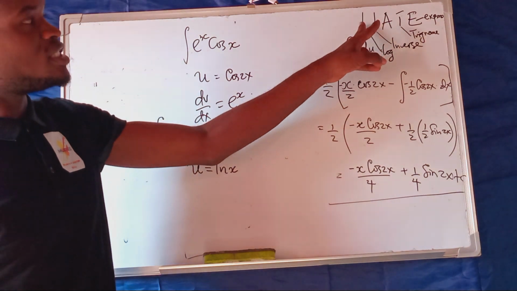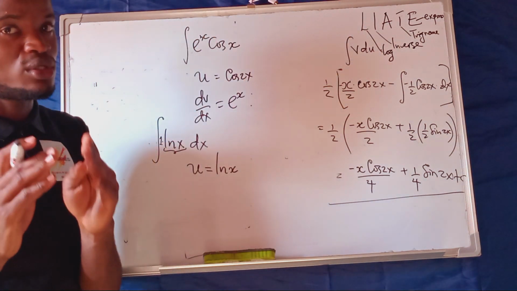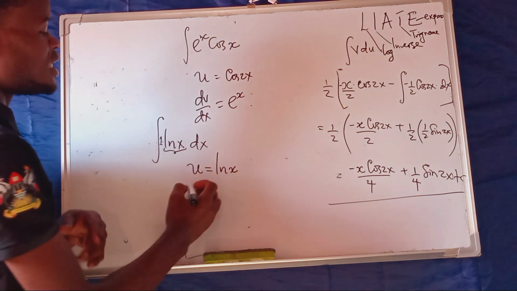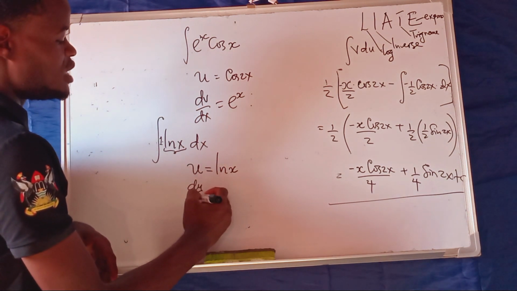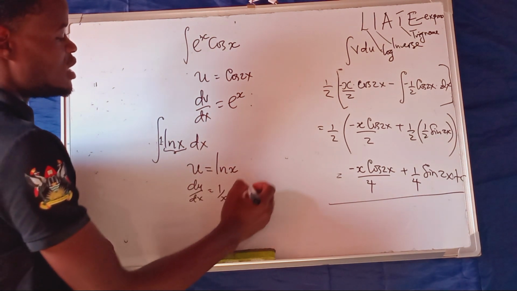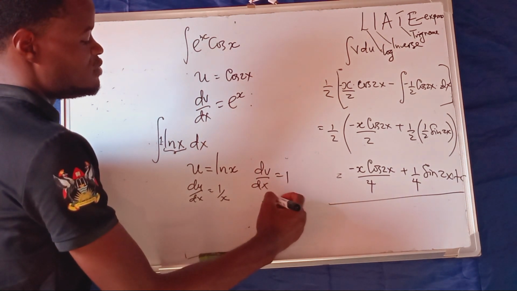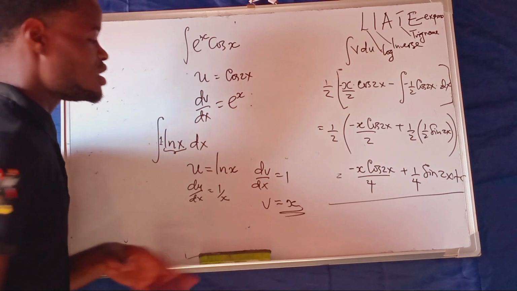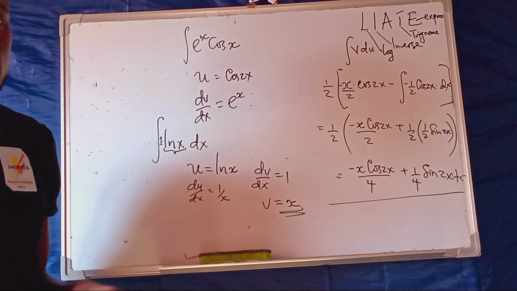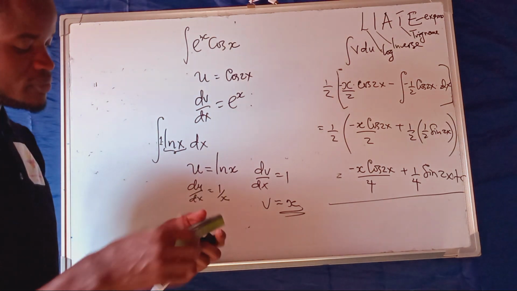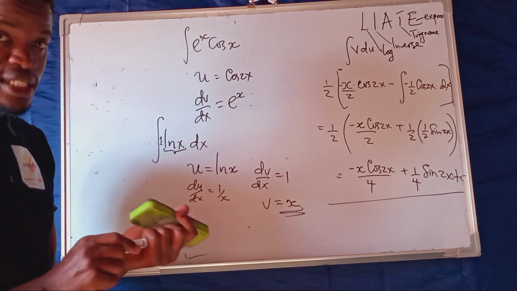I've said if it is a log function, take it to be your u. So your u will be that, and you can easily get du dx, which is 1 over x. And you have your dv dx is 1, such that your v is x.